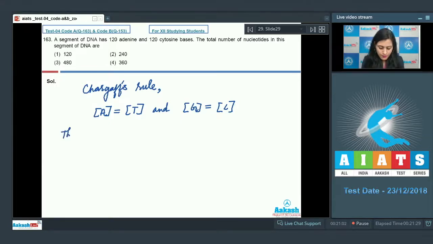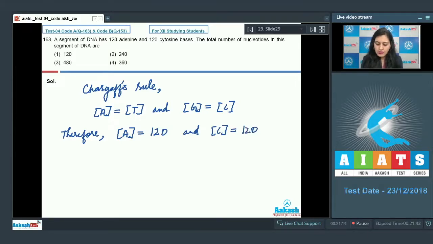So therefore, if A is equal to 120 and C is equal to 120, this is given in your question, then T would be equivalent to 120 and G would be equivalent to 120.